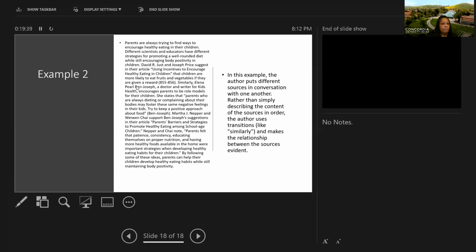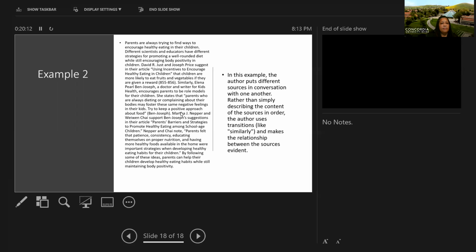Ellen Pearl Ben Joseph, a doctor and writer for the Kids Health, encourages parents to be role models for their children. She states, and then here's a direct quotation, that parents who are always dieting or complaining about their body image may foster these same negative feelings in their kids, and trying to keep a positive approach about food. And then she cites Ben Joseph.